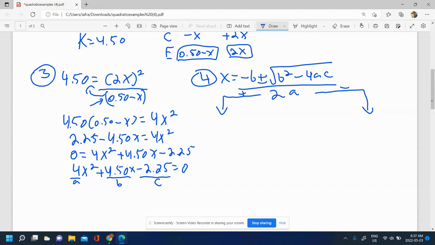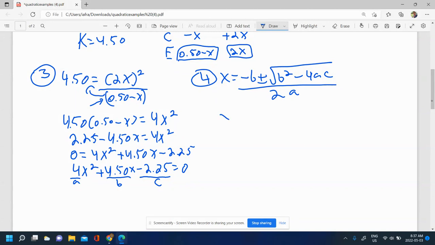So let's plug everything in. So we have minus b is minus 4.50 plus the square root. And actually, what I'm going to do is erase this. I'm going to first plug in numbers and then do the split, just so I don't have to write that twice, just to be more efficient.